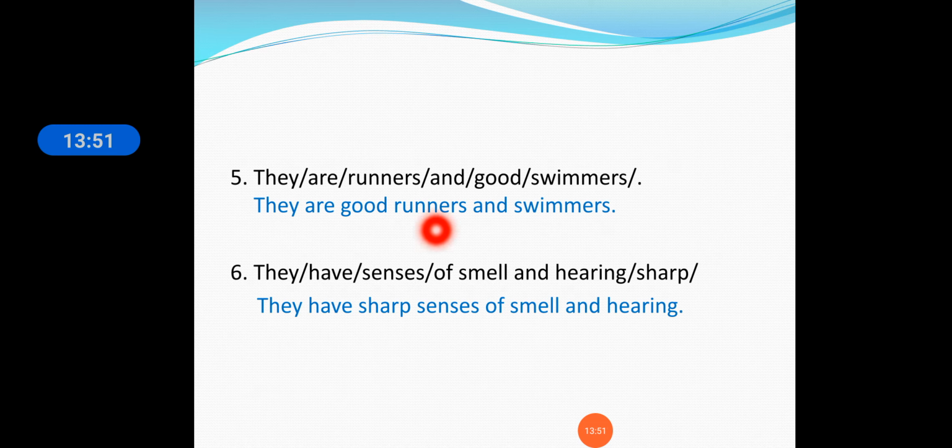They are good runners and swimmers. They have a sharp sense of smell and hearing. So in the second exercise we have learned about the moose, an animal, and this whole exercise is on that animal only. So you have to remember while doing this exercise.